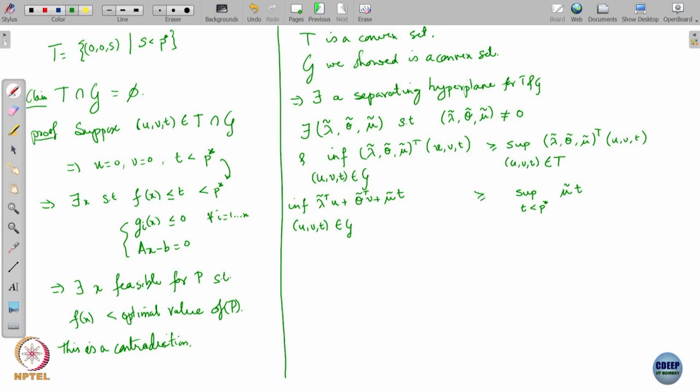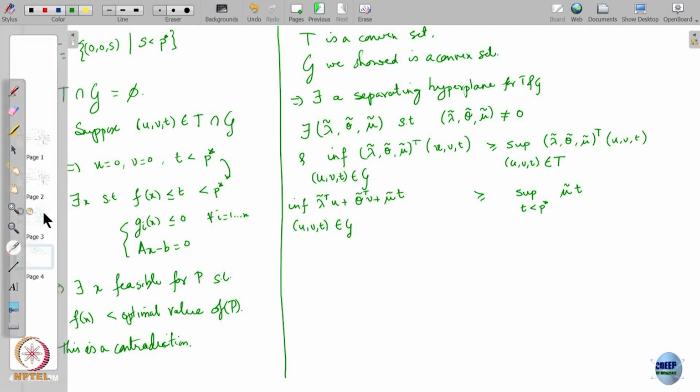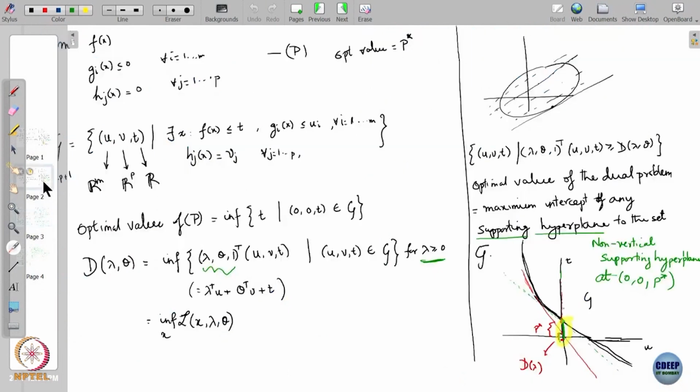Now, let us observe this particular equation here. On this quantity, u, v, t belongs to G. Go back to the definition. How does G look? G is unbounded in the u direction.